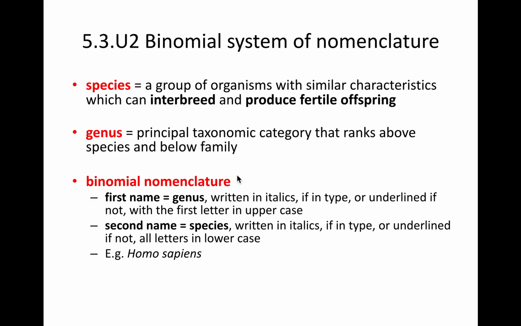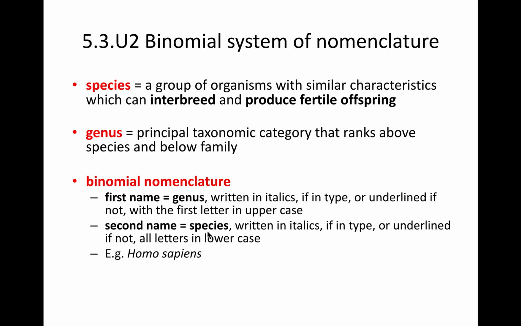So binomial nomenclature, and I will say this in your quiz or test, what is the binomial nomenclature for this? The first name is always the genus, and it's written in italics if it's typed, or underlined if you do it by hand. The first letter is also always in uppercase.